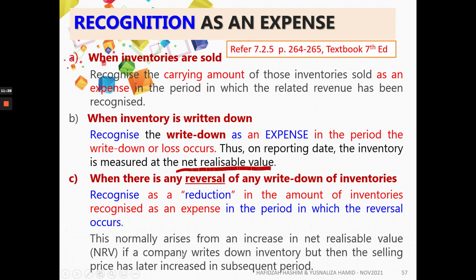If a company writes down inventory in the prior year, but the selling price has later increased in the subsequent year, the reverse entry must be done to restate the inventory. The write down must be restated.